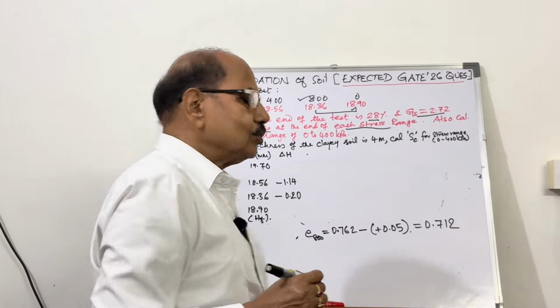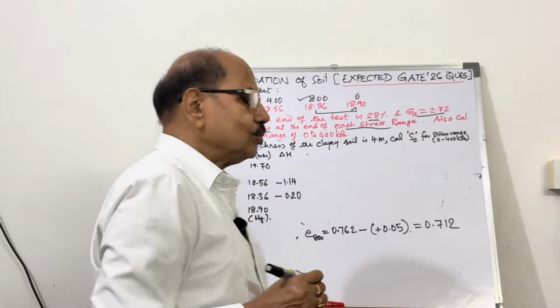What is the expression for delta E? That we have already written, that delta E is calculated: delta E divided by 1 plus EF equal to delta H divided by HF into 1 plus EF.